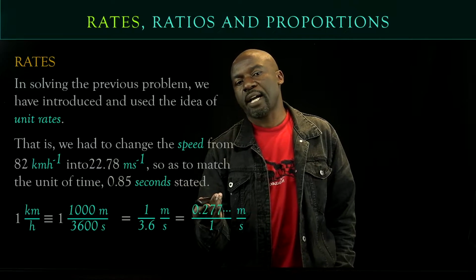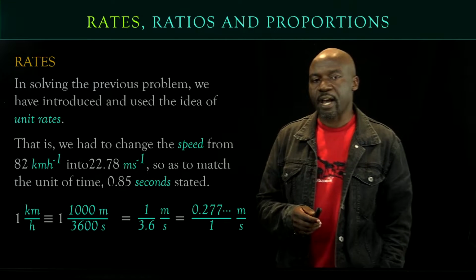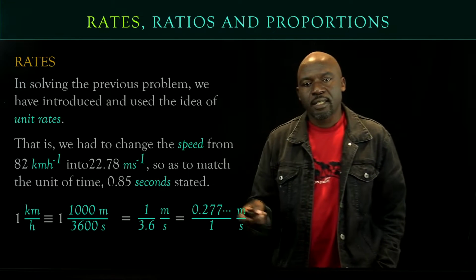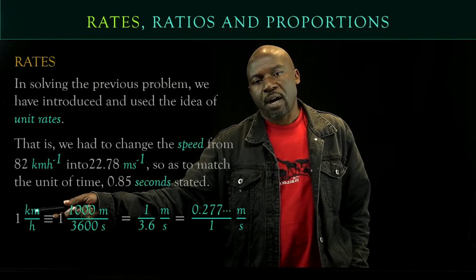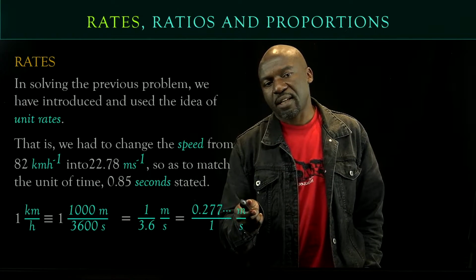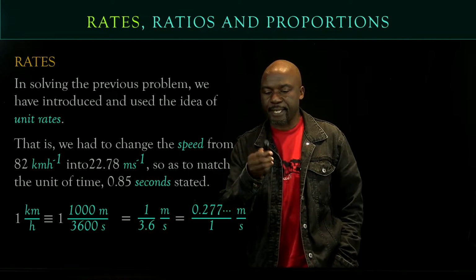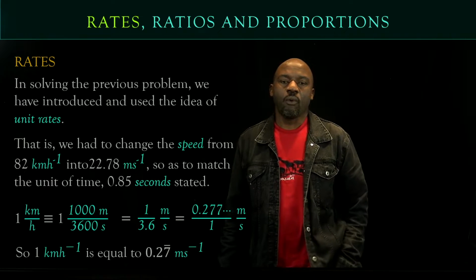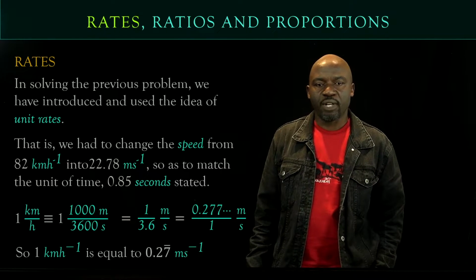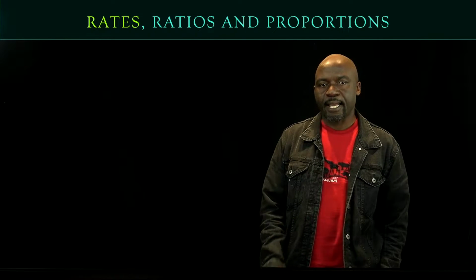Or by multiplying by 0.2777 recurring, like that. Okay. In other words, 1 kilometer per hour is the same as 0.277 meters every second, and I'm interested in that every second, per second. Okay, 1 kilometer per hour is equivalent to 0.27 meters per second, like that.